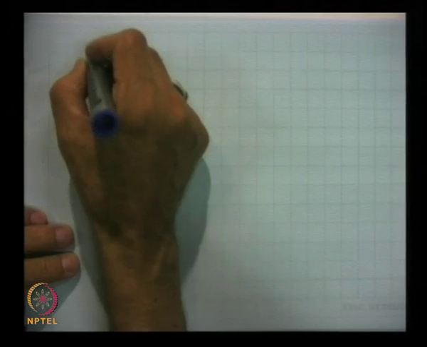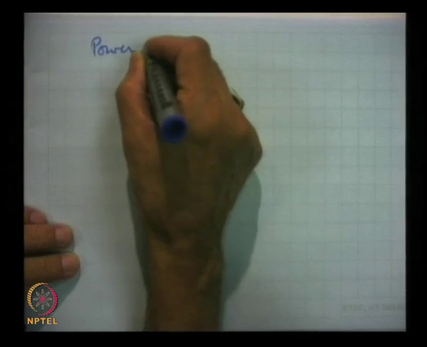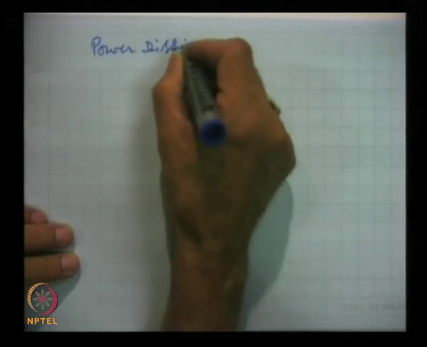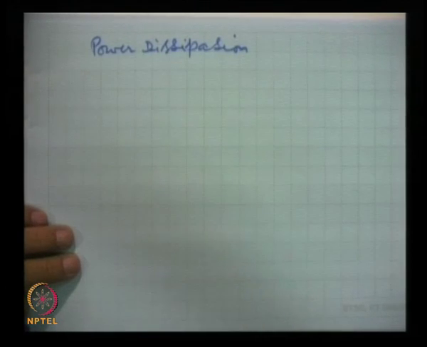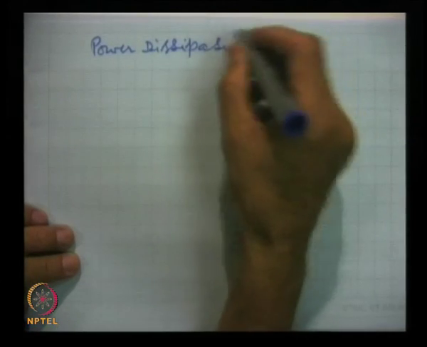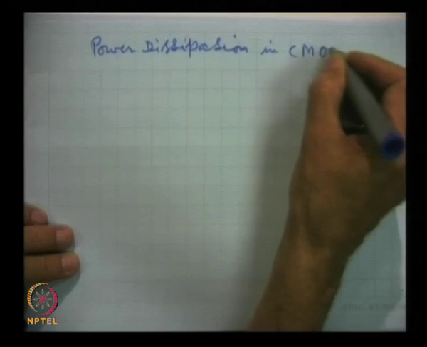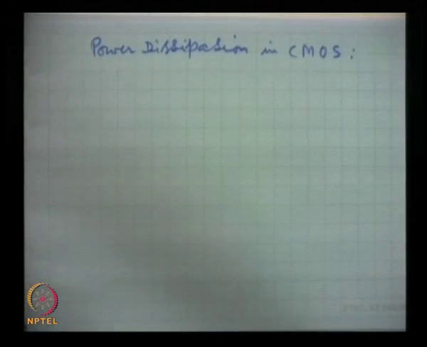Power dissipation and power consumption are one and the same thing in electronics. Power dissipation in CMOS, and why power consumed is equal to power dissipated, because in equilibrium whatever power the transistor is consuming, that is the heat which is being generated.